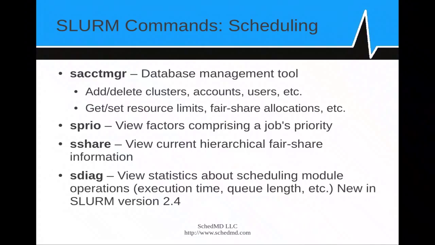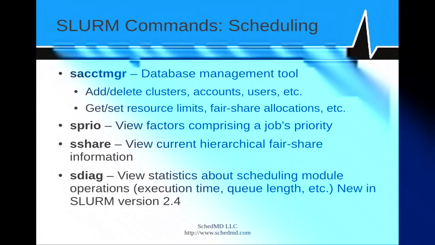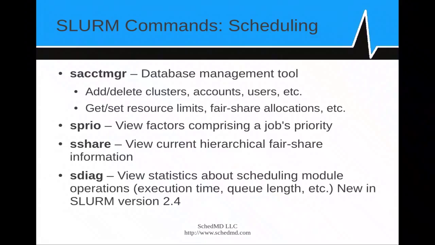So you can configure Slurm to prioritize jobs based upon their quality of service, how long they've been waiting in the queue, how over or under service they are relative to their fair share, and just a few other factors.